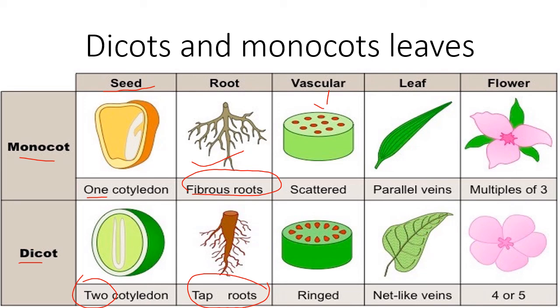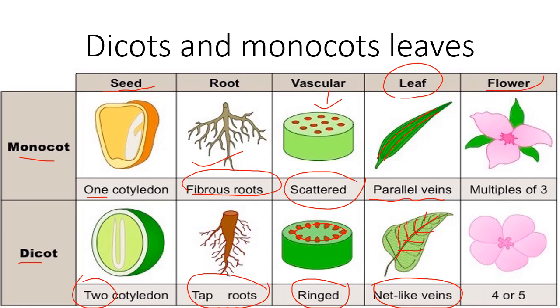Vascular bundles in monocots are scattered, and vascular bundles in dicots are arranged in a ring format. Leaves of monocots have parallel venation, and leaves of dicot have reticulate venation.